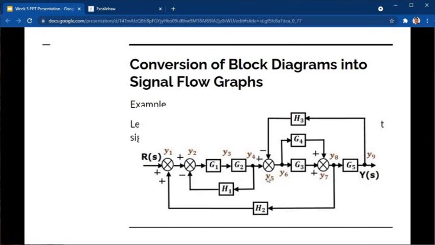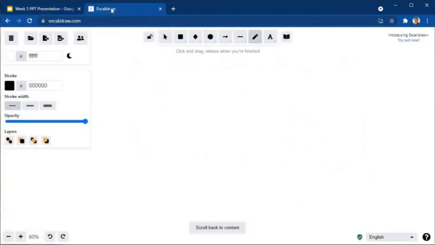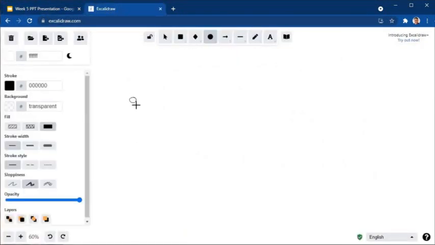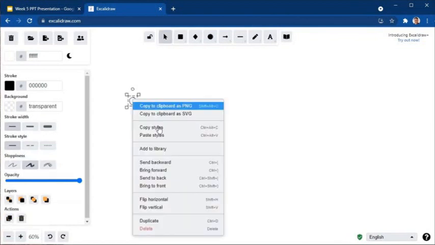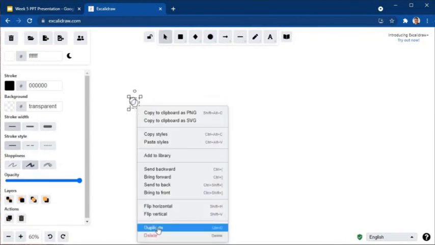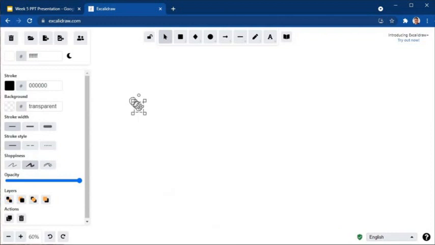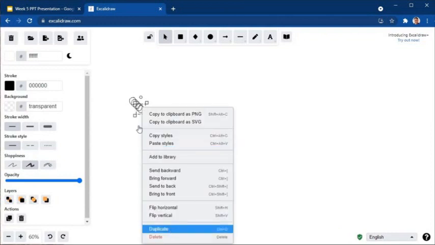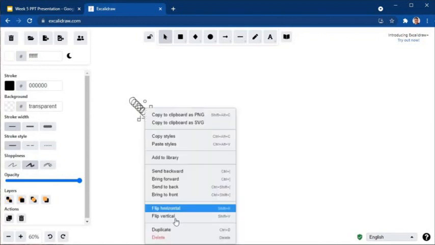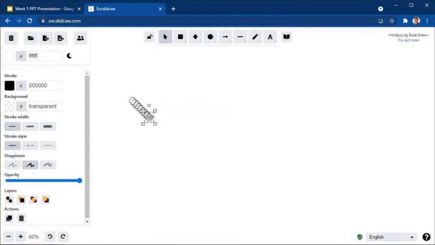Okay, we have 9 nodes. Two, three, 4, 5, 6, 7, 8, 9. This will be y sub 9, y sub 8, y sub 7, y sub 6, y sub 4, y sub 3.